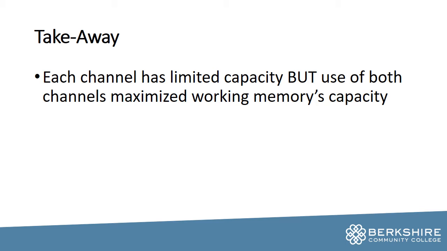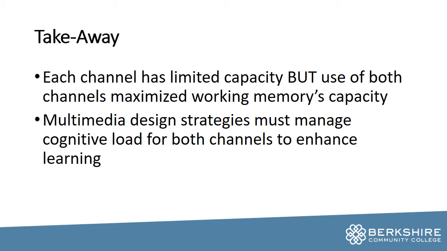So images and verbal communication together is going to be more effective for learning than just one or just the other. So thinking about how to maximize both of these strategies is going to be best for the multimedia content that you create for your students.